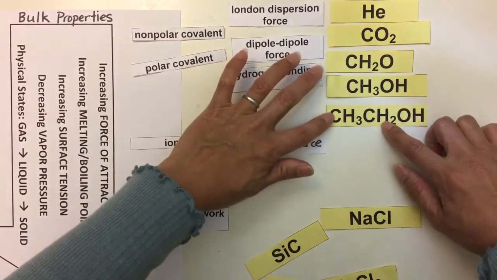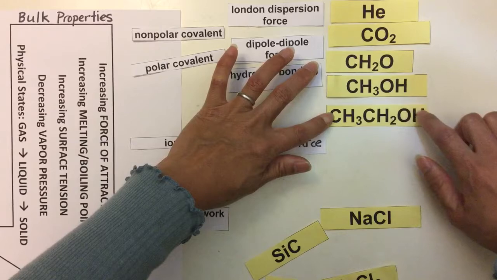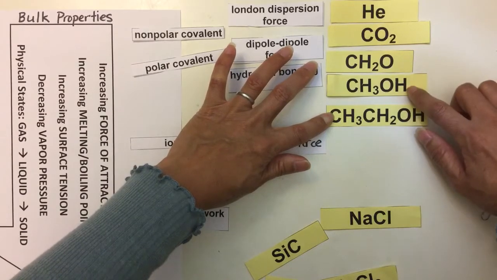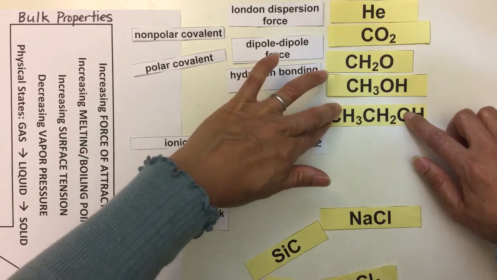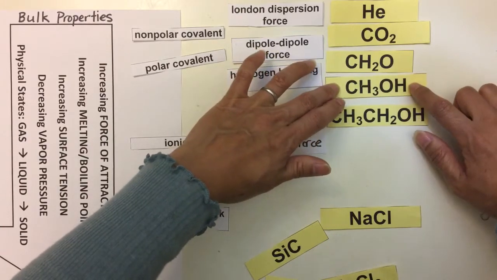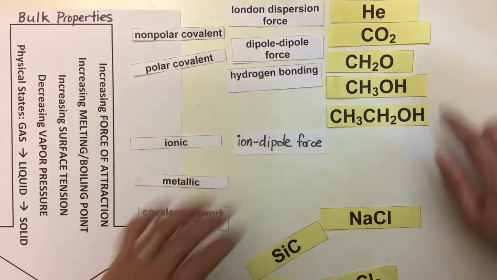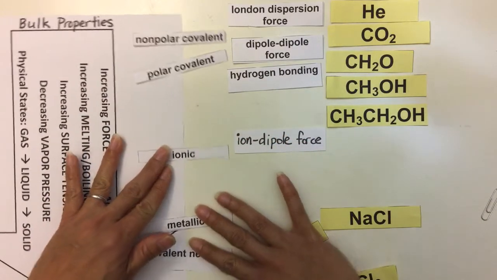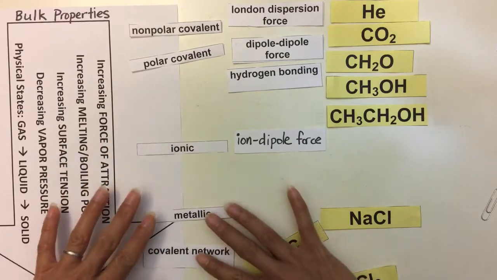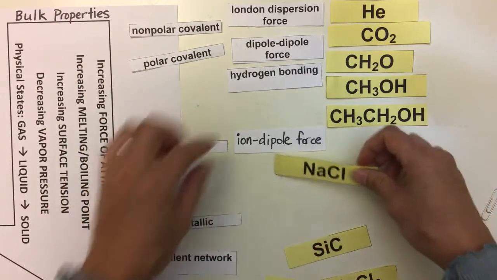So ethanol has more atoms than methanol, and so you're going to see those forces being stronger between particles than you see in methanol particles. I don't have an example of ion dipole, so we're going to skip that, but we're going to move down to the next type.